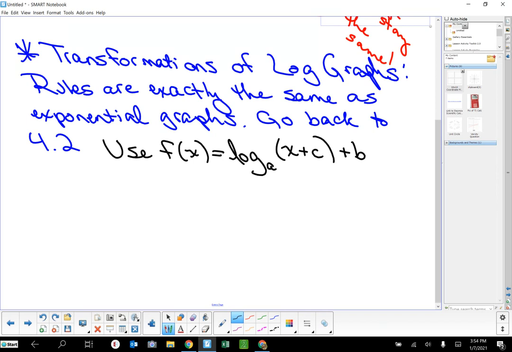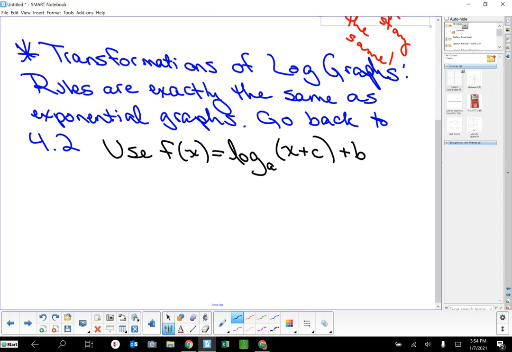Same thing here for the log function. The c value inside the parentheses shifts the graph horizontally, left or right, in the opposite direction of the sign. So if it's positive, it goes left. If it's negative, it goes right. And we stated all of these. I'm reading them literally out of 4.2. Number 4, in this case, if the exponent was negative, then the graph is reflected about the x-axis.